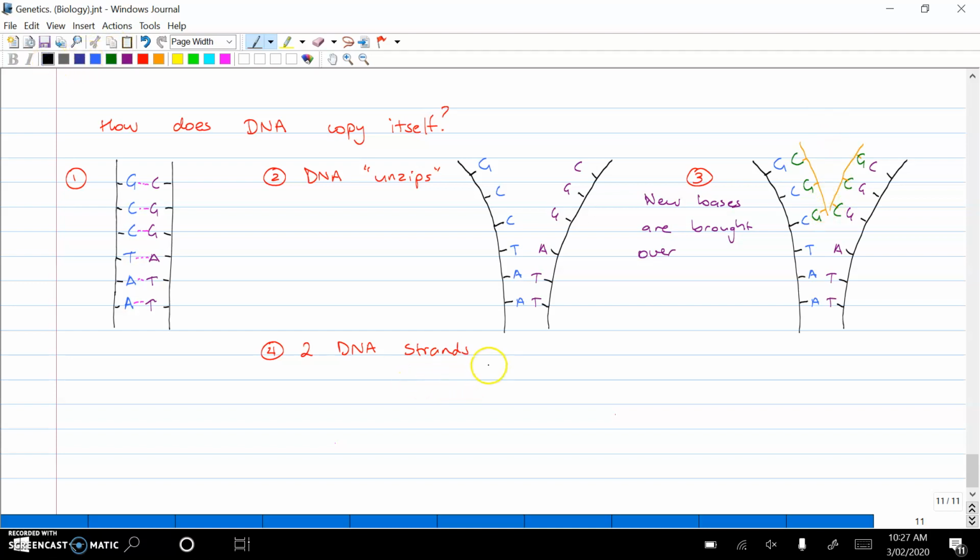So we will end up with 2 DNA strands with a, so G, C, C, T, T, T, and then this side, because this one's being built onto over here, we'll also have G, C, C, T, T, A.